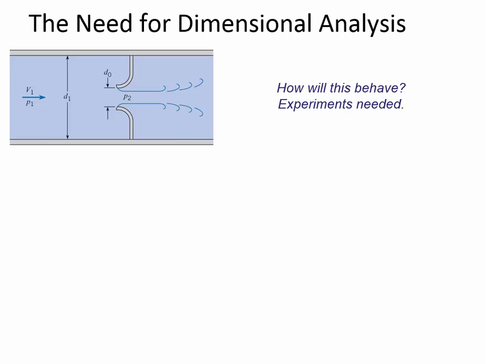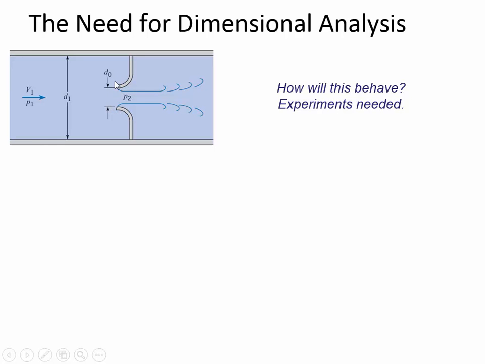Where things get really interesting is where you're doing experiments to try and figure out what equation you should use to solve a problem. Let's say that you've got water flowing through a pipe and there is an opening in the pipe.